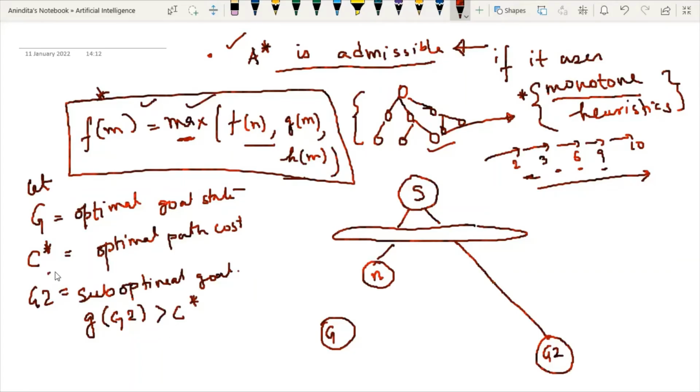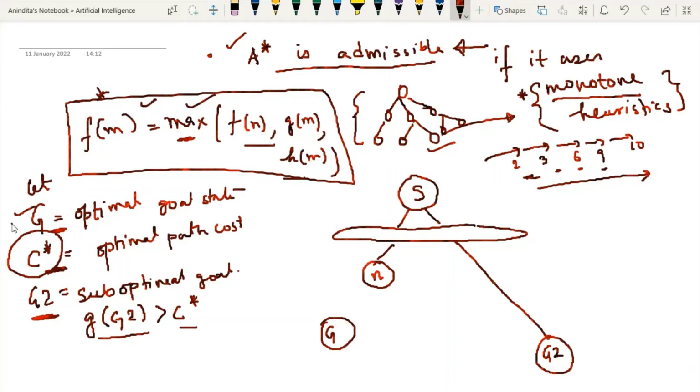It means if C star is the optimal cost and this is the goal, we need to spend C star amount of cost in order to reach G. But G2 is a goal whose reaching cost is more than the optimal cost, right?